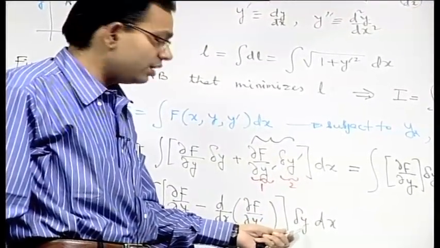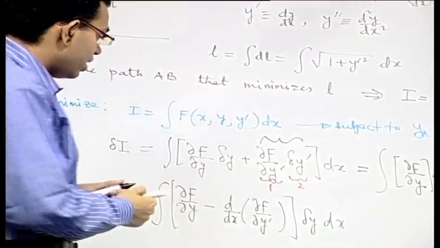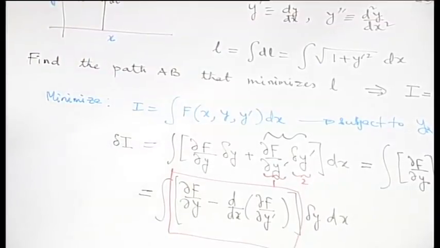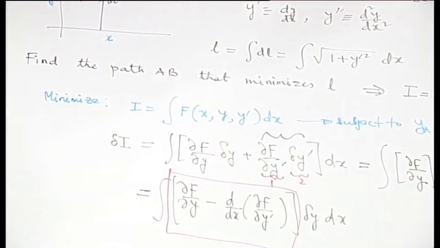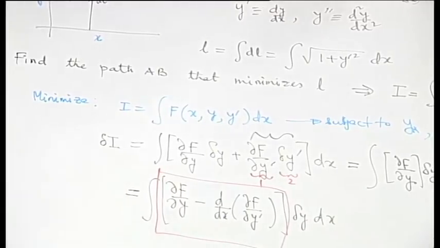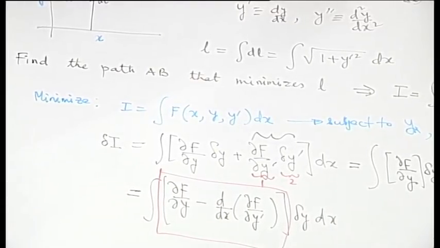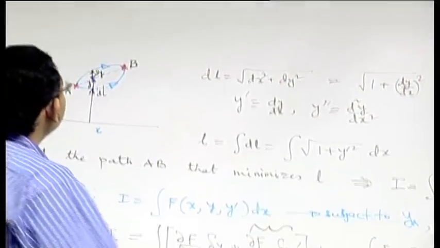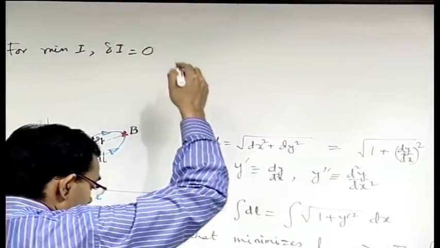When is it possible? It is possible only when the integrand itself is 0. Otherwise, it is not true for any arbitrary choice of this delta y. So, for minimization of I, you must have delta I equal to 0.